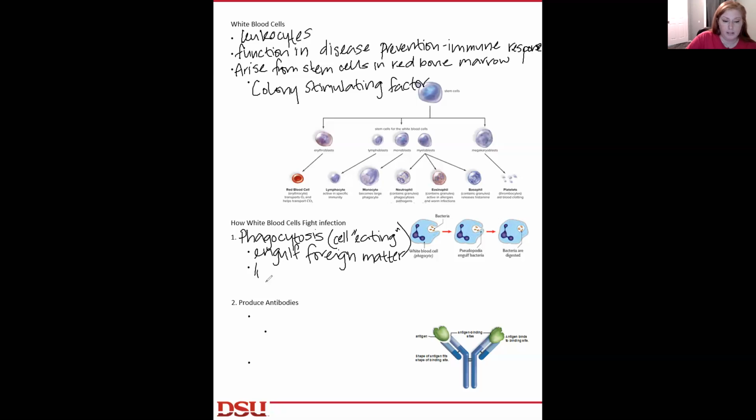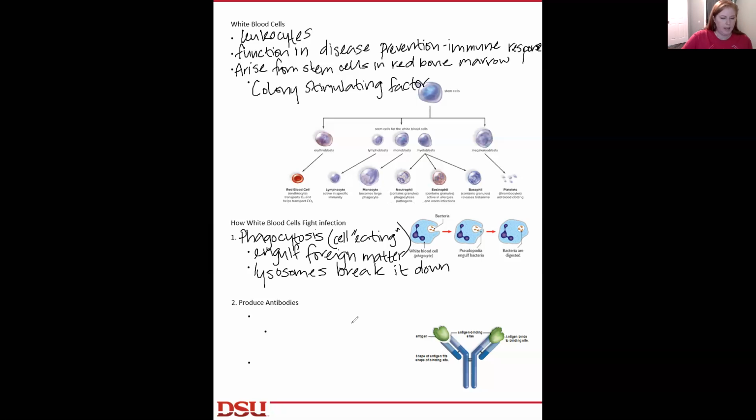And then lysosomes break down the foreign matter. All right, so cells don't have mouths, right? Hence the eating in quotations. What they do is there's this invagination that develops in the cell membrane, which if you remember from when we went over muscles and nerves, invagination is like this indentation in the membrane.